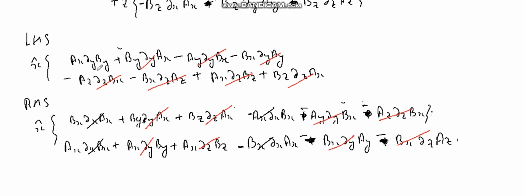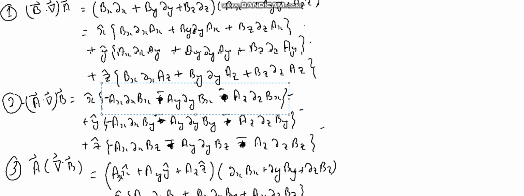Okay, ax del y by, I have already marked this. So for the x component both sides are equal.